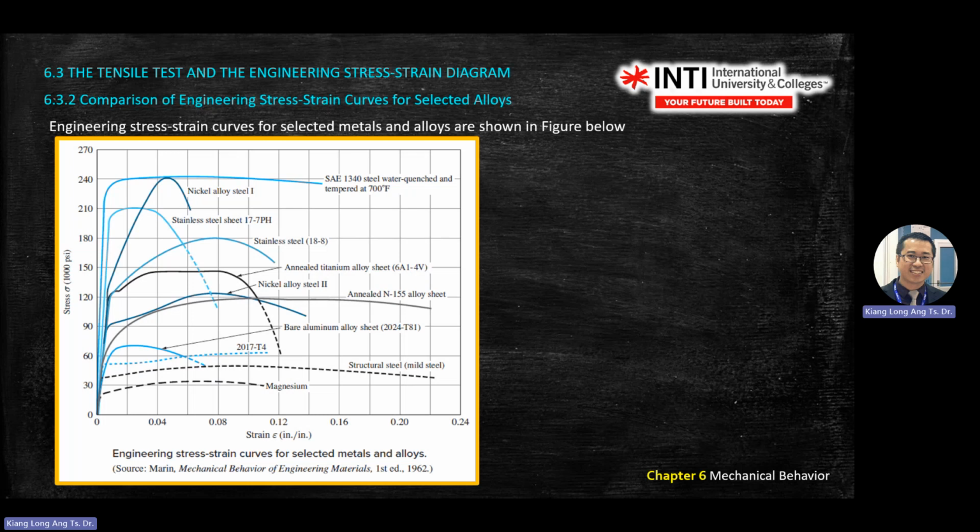Okay. Now, what can you tell me about the behavior of nickel alloy compared to the rest? What can you tell me about the properties? Describe one property of nickel alloy compared to other steel.